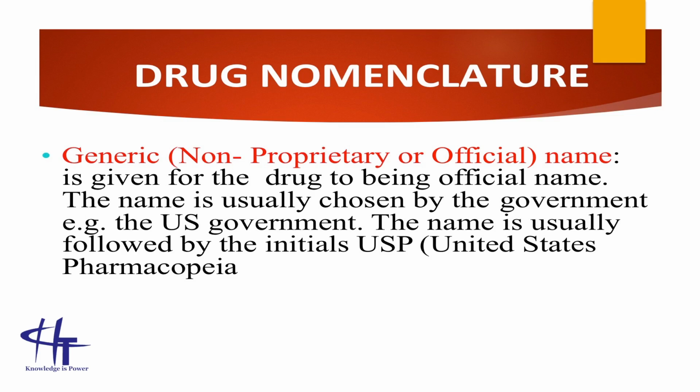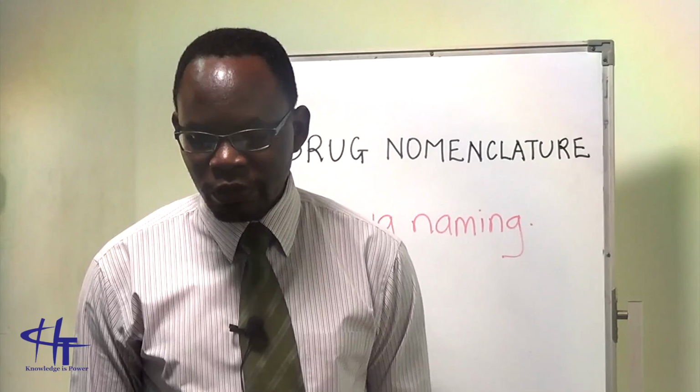Like, for example, the United States government can give a name to a particular drug. The British government, the Indian, German, or even Japanese government can give a name to that drug. Now, that name is what we refer to as the official name of that drug.